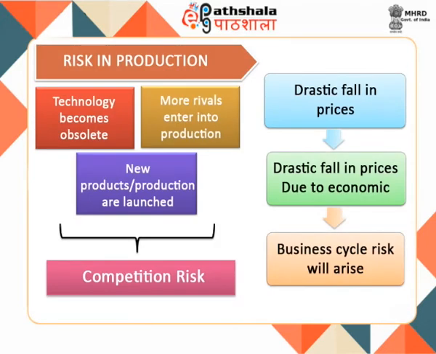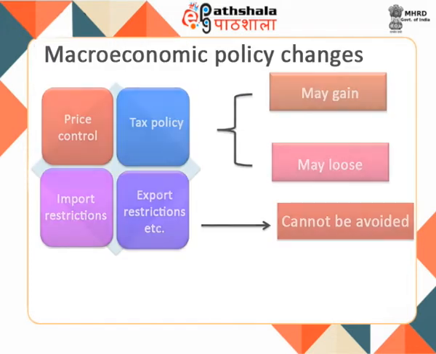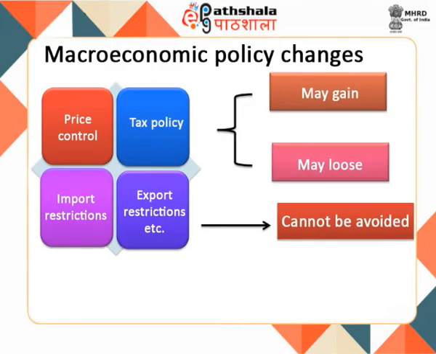According to the risk bearing theory, an entrepreneur envisages various types of risks. An entrepreneur faces risk in production when technology becomes obsolete, when more rivals enter into the production, or when new products or new processes of production are launched; a firm will meet competition risk. When there is a drastic fall in prices due to economic recession, business cycle risks will arise. A firm also faces risks related to macroeconomic policy changes.